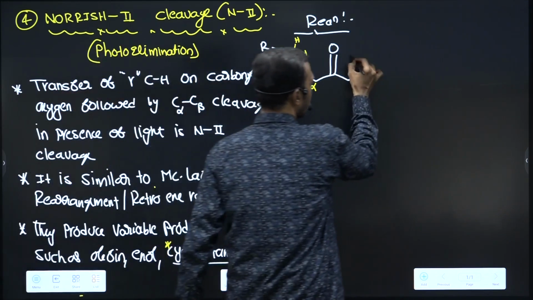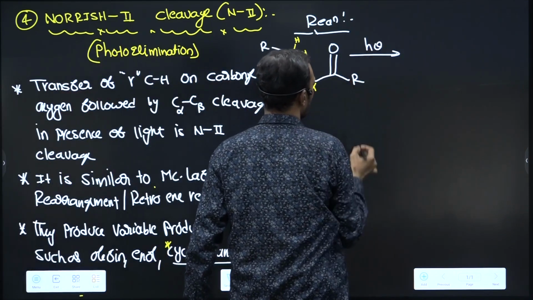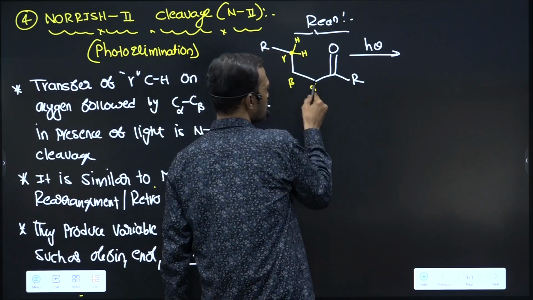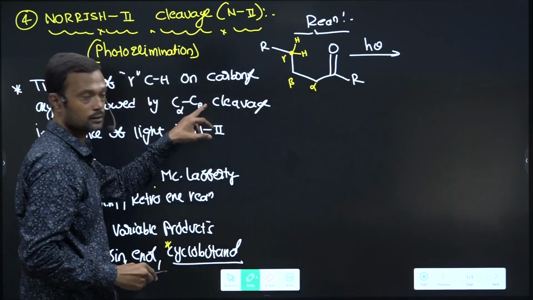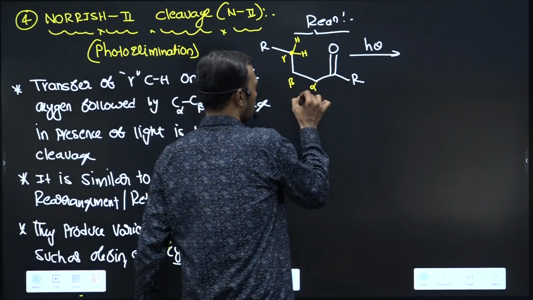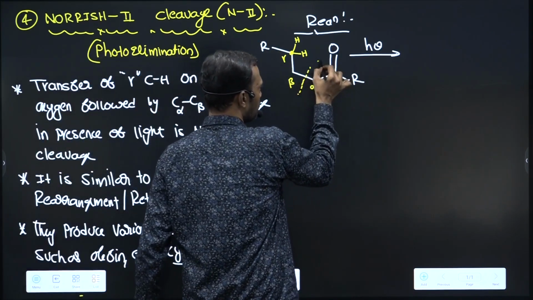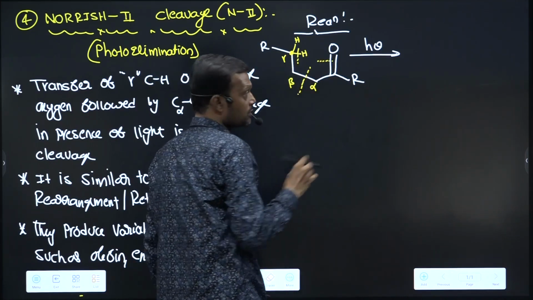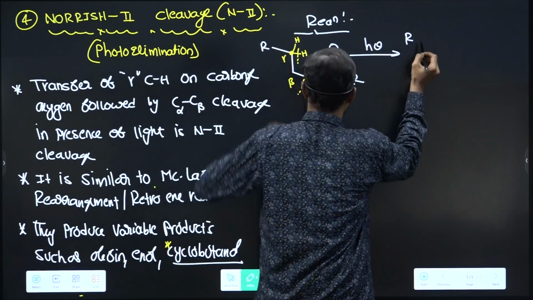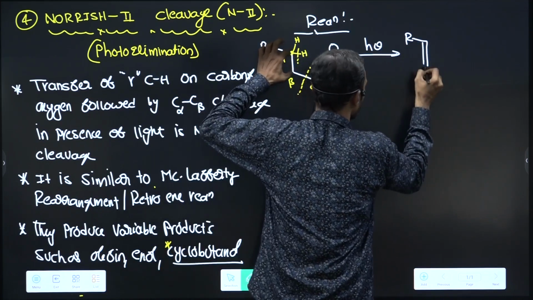Okay. So photochemically, if I irradiate, then what happens? See, this is called the C alpha C beta bond. So now I am going to break here, here, and here. Three cleavages. If I cleave here, this radical gives a double bond.